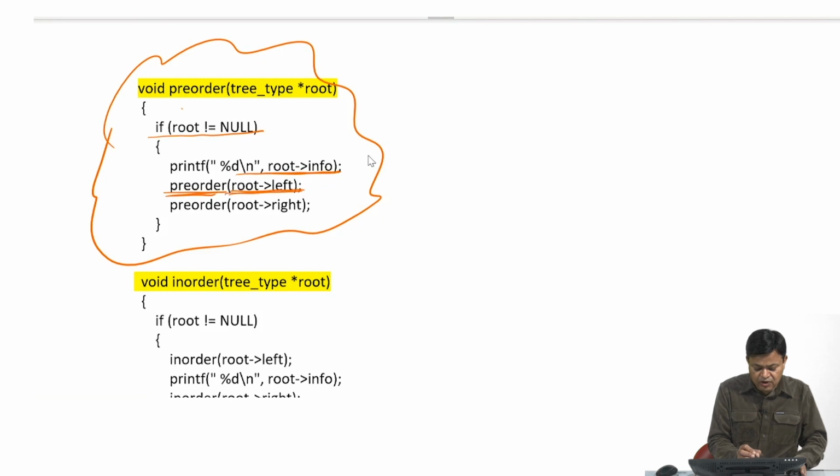It means we perform the same set of activities on the left child of that particular node. And once we come back, we perform the same set of activities on the right child of that node. That is how we do pre-order recursively.